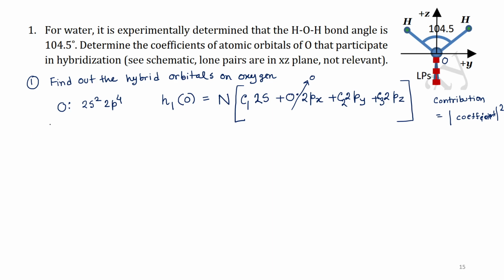There are two hybrid orbitals on oxygen, and the bonding hybrid orbitals are going to make bonds with the 1s of the hydrogen. So this is your H1 and this is your H2, and it is the 1s of hydrogen that makes bonds with these hybrid orbitals. Obviously there are also two lone pair hybrid orbitals on oxygen, which we will discuss anyway, but let us first discuss the bonding ones.